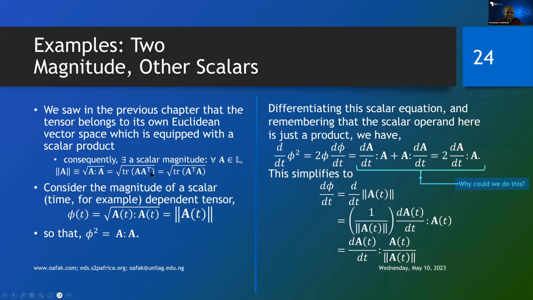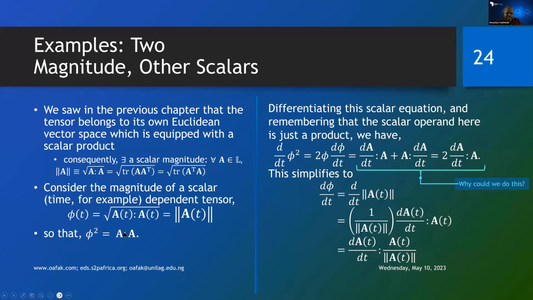And because the trace is reversible, the trace of A A transpose is the same as the trace of A transpose A. So we are able to say that this scalar function, the square root of A in an inner product with itself, is what we mean by the magnitude of A.